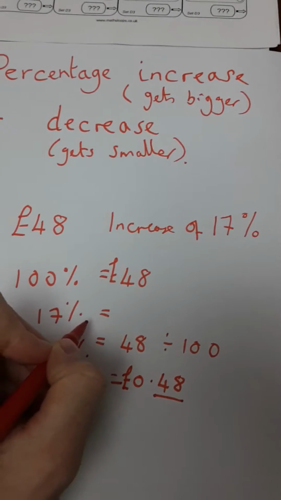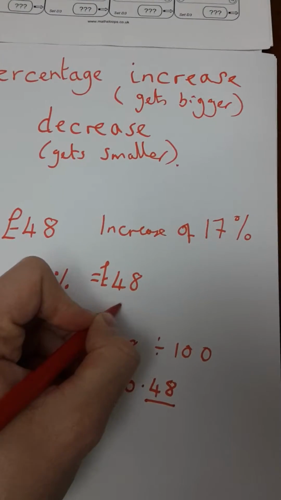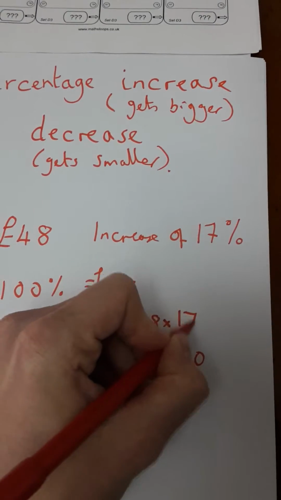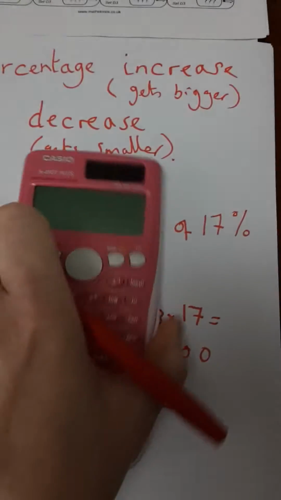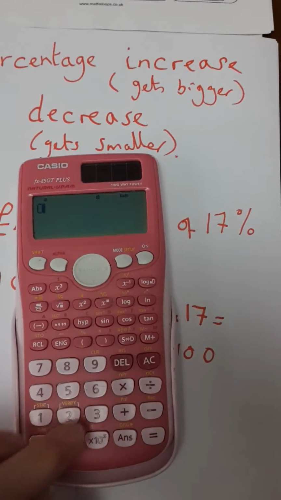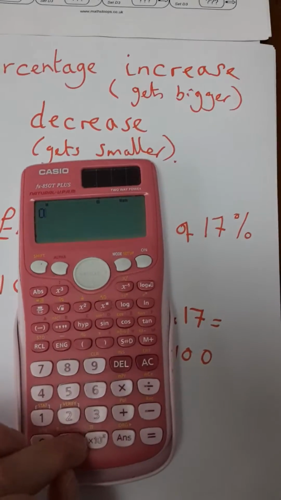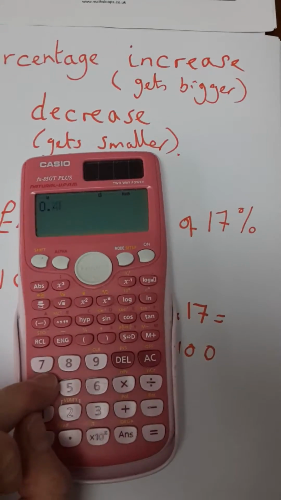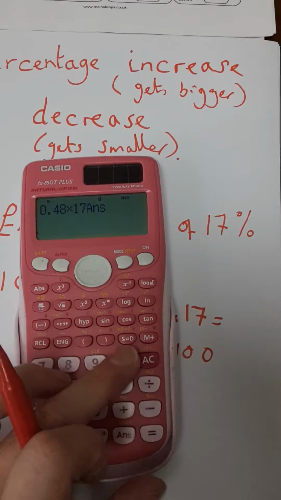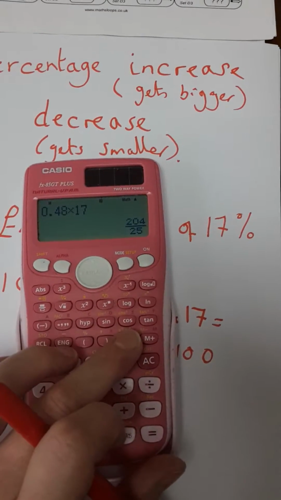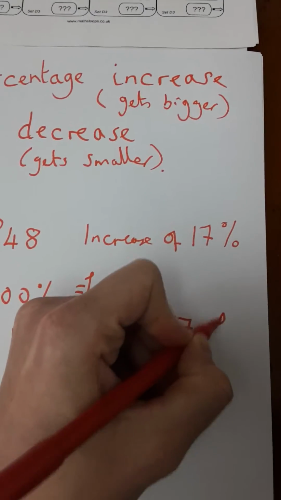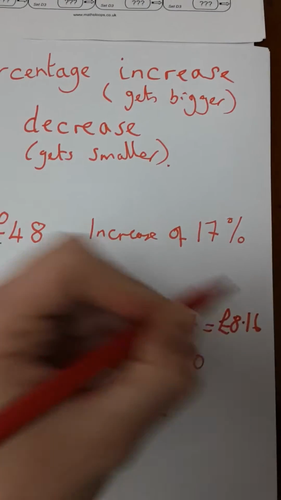And now, if we have 17%, we're going to end up with 0.48, which is 48 pence, times by 17, which equals £8.16. So that means that 17% is £8.16.